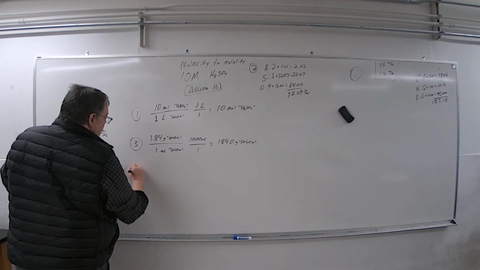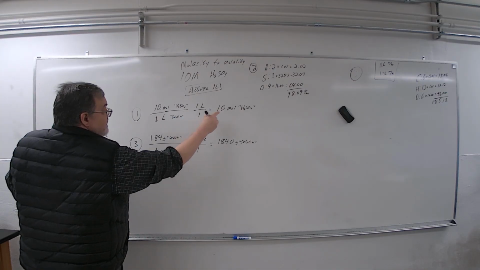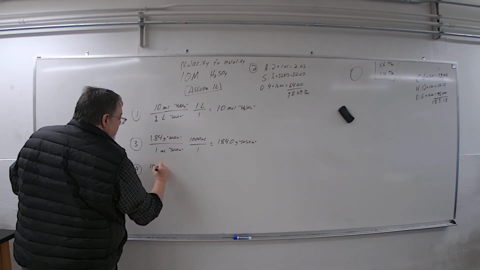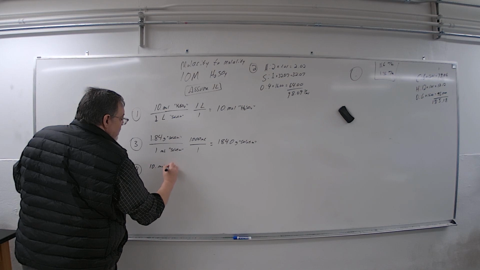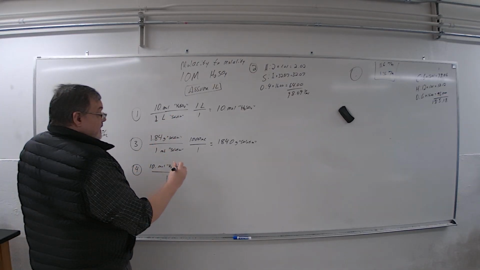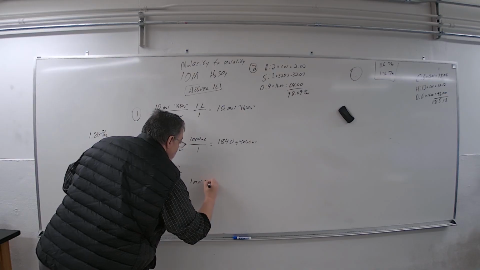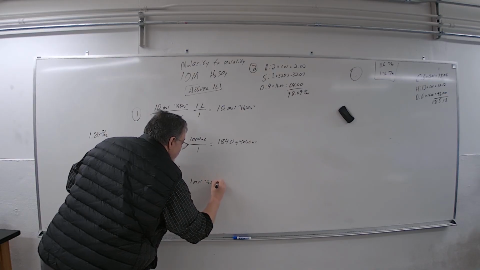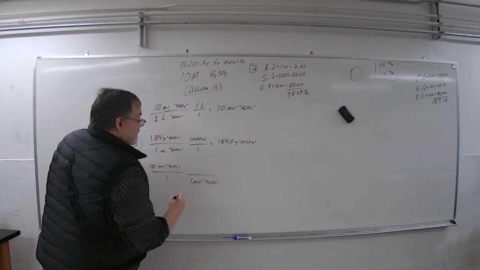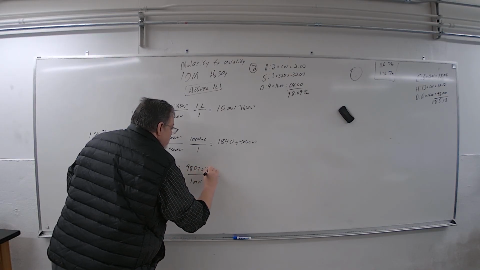In step 4, I have that many moles of H2SO4. And it is 98.09 grams per mole. 1 mole of H2SO4 is 98.09 grams.